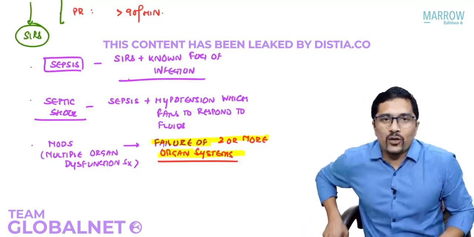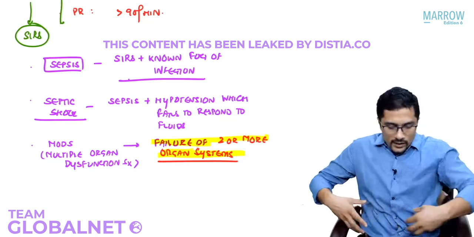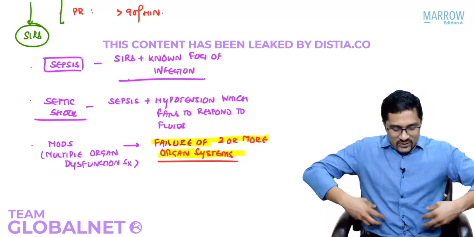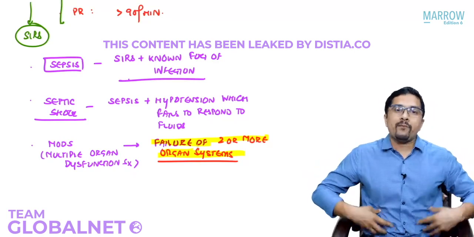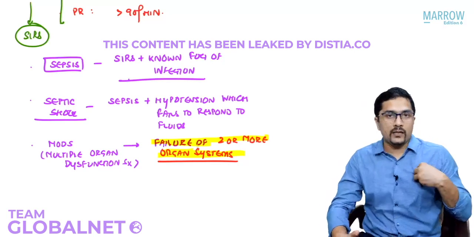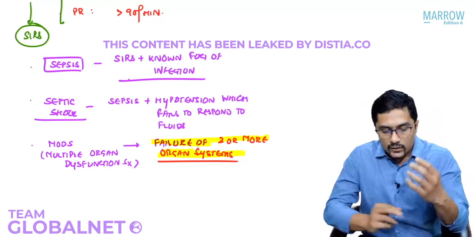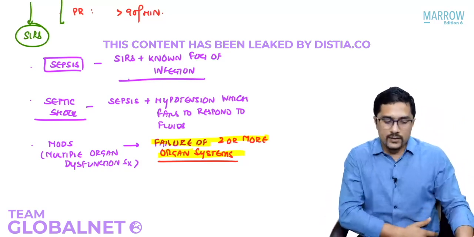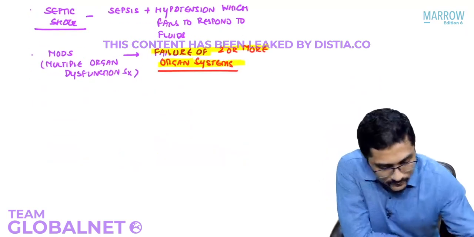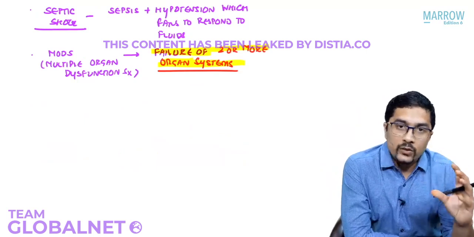Now, one thing which I want you to understand is that kidneys will be one organ system. It's not as if one or both kidneys have failed, so you won't count it as 2 organs. So kidneys would be one organ system, respiratory system would be another organ system, cardiac would be another organ system, CNS would be another organ system, right? So if there's failure of 2 or more organ systems, we label it as MODS. So these are certain definitions which you need to remember.